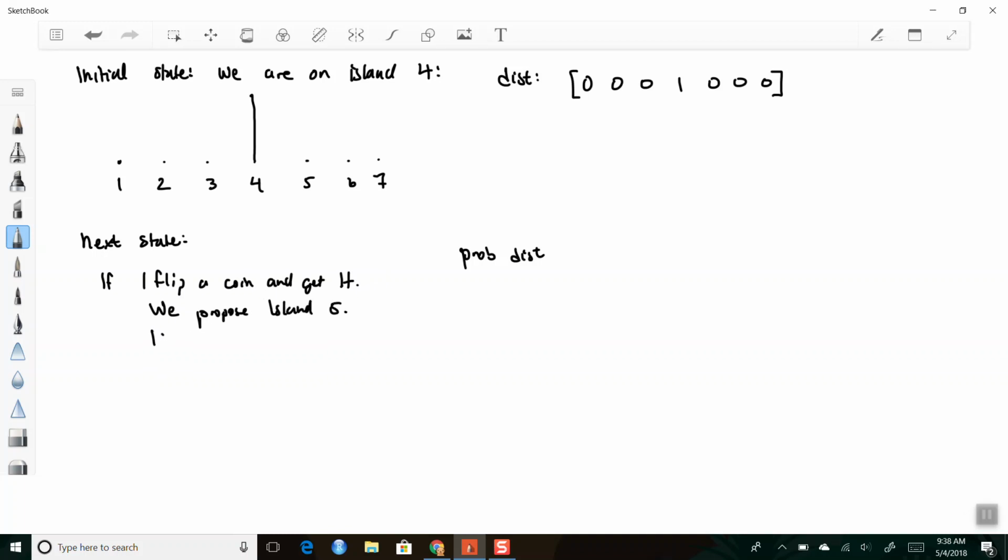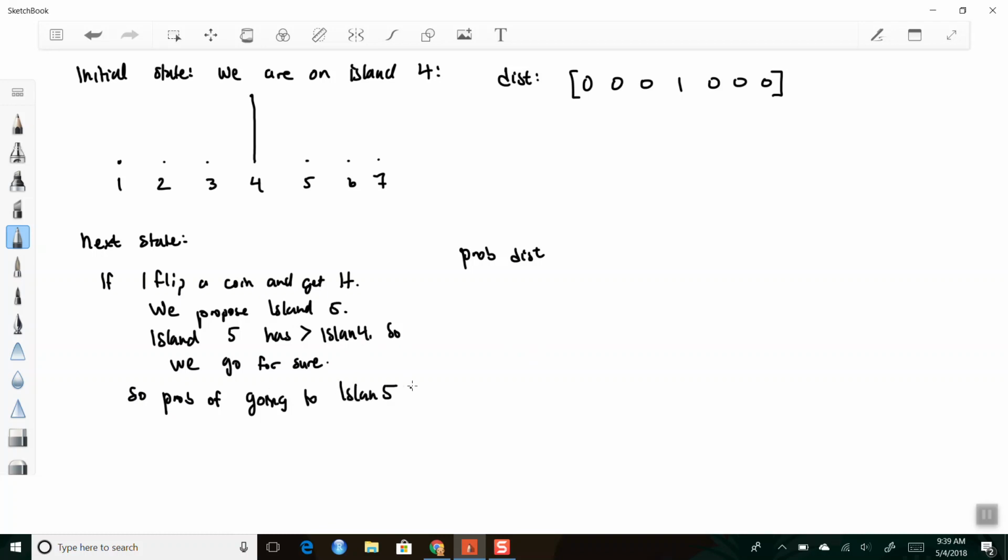Island 5 has a bigger population than 4, so we go for sure. So the probability of going to island 5 is 0.5.